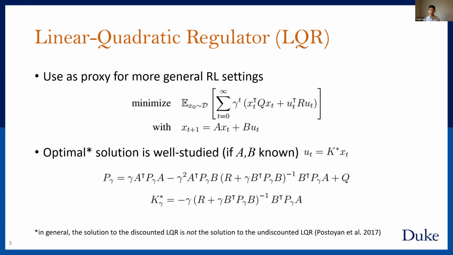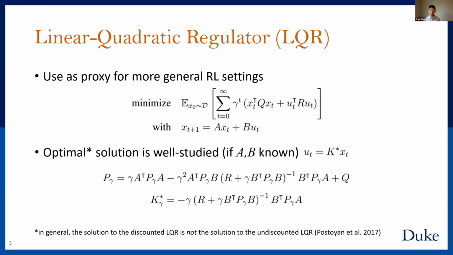Conveniently, and this is the important part about what I said about linear policies earlier, the optimal solution for the LQR is known to be a linear function of the state. So when you try to solve this problem and you initialize your approach by considering linear policies, you have a pretty big head start, because you know that your policy class already contains the optimal policy.